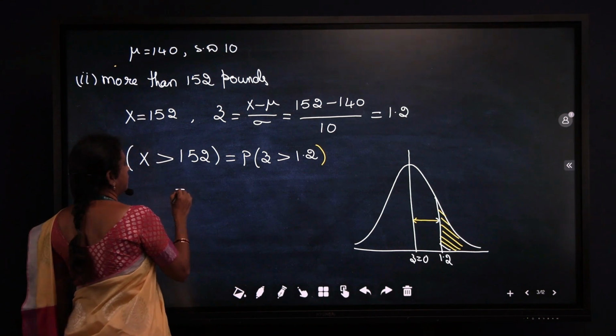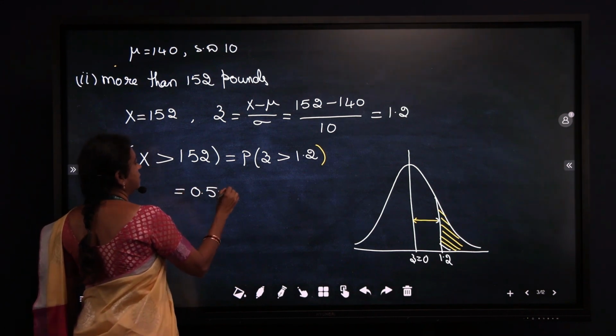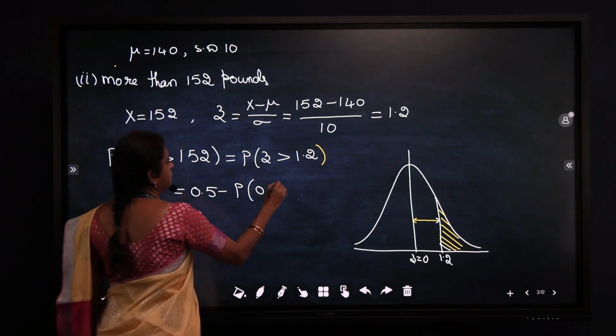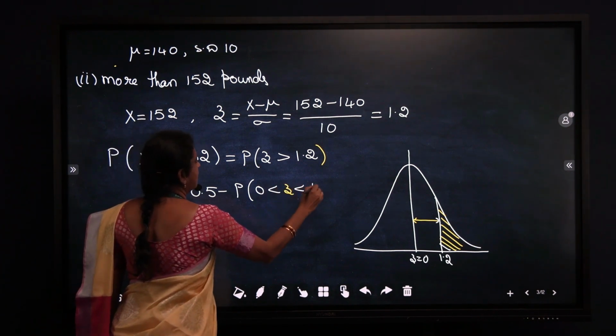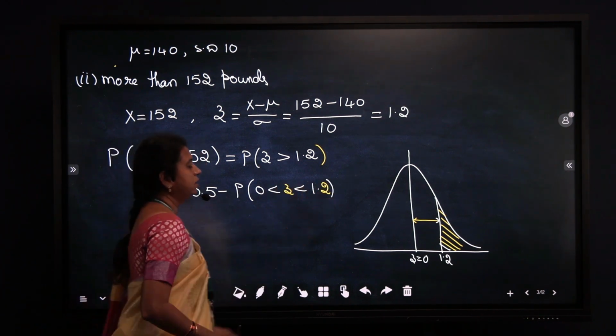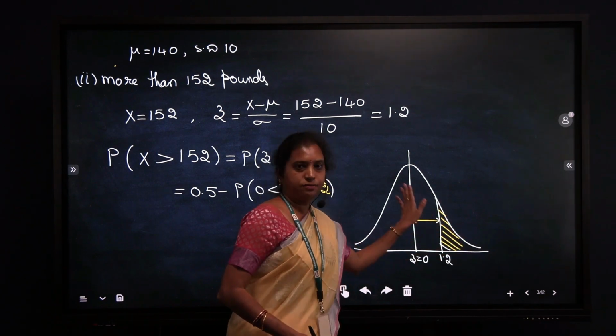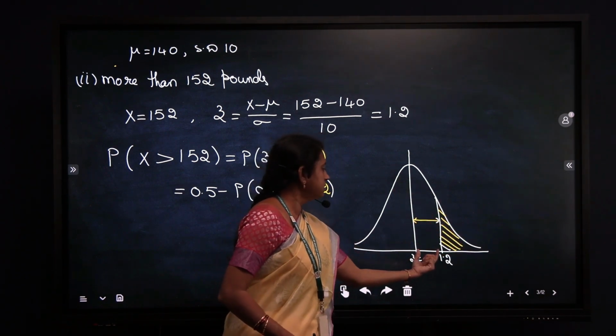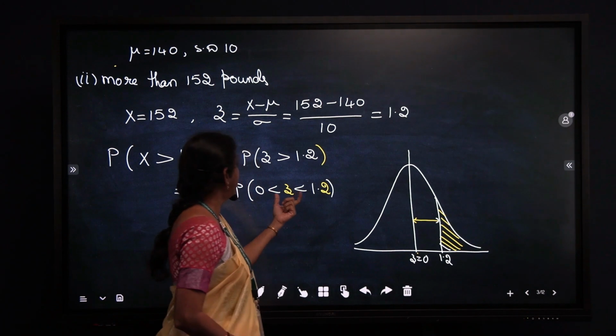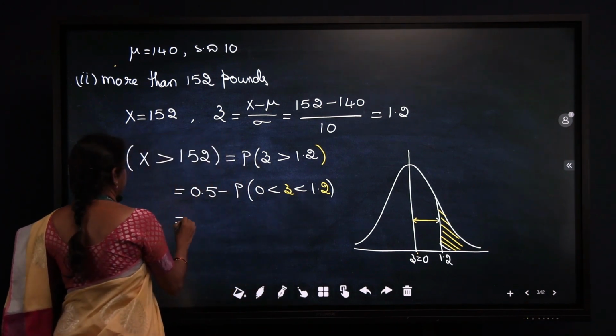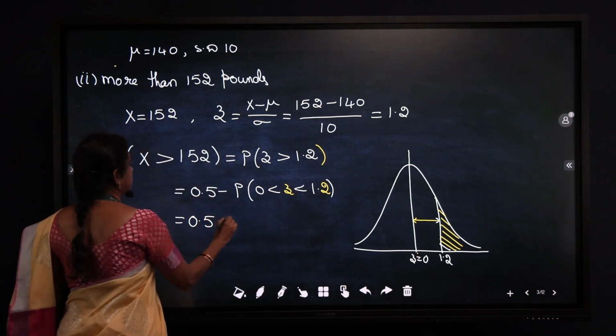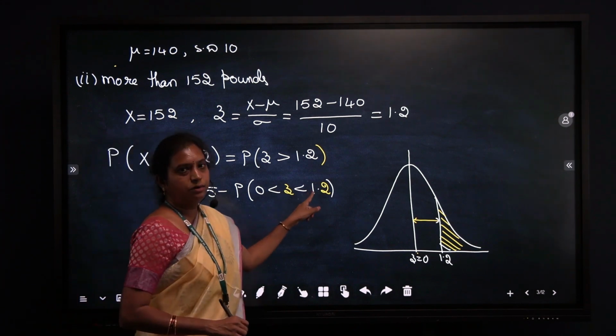That means 0.5 minus probability of 0 less than Z less than 1.2, right? So this is equal to 0.5 minus, now I need to find the value for 1.2.